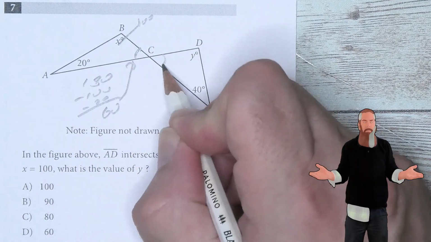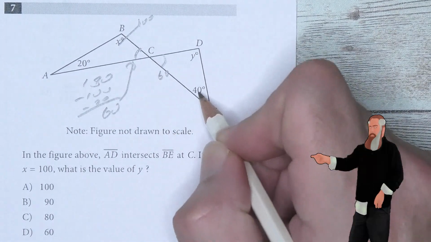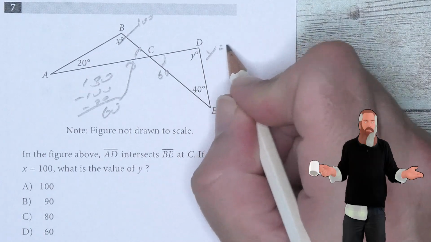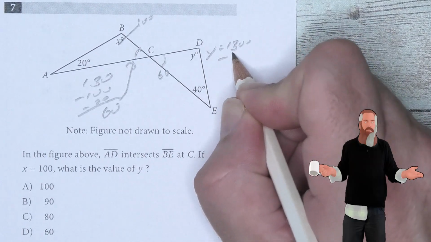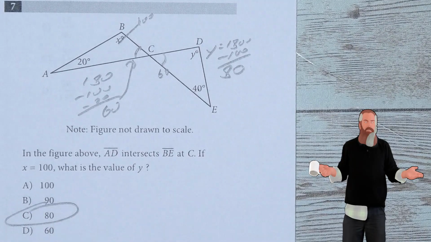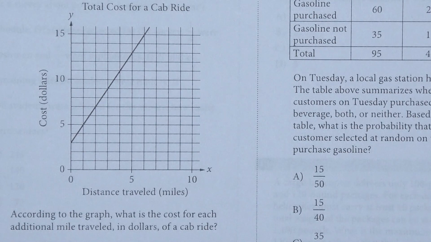This 60 degrees also occurs here because they're vertical angles. So if we have 60 degrees and we have 40 degrees, that makes a 100. So y is equal to 180 minus 100 degrees, or 80 degrees. C is the answer.